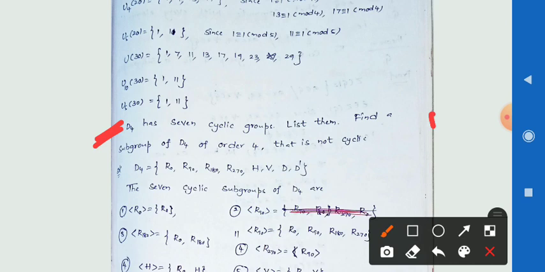Here 8 elements are there. We have to find out that only 7 cyclic groups must be there, list them out, and find the subgroup of D4 of order 4 that is not cyclic. The subgroup of D4 must be noted, and the noted group must not be cyclic.